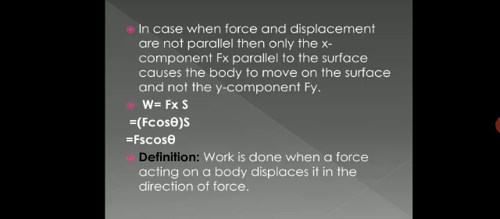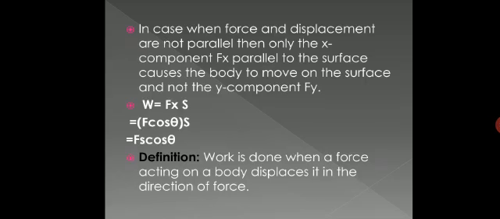By putting the value of the x component of force, we get the formula of work done as work done equals force into cos theta into S, as S denotes the displacement of the body. And the formula becomes Fs cos theta.